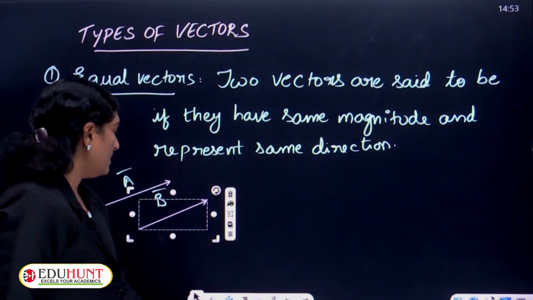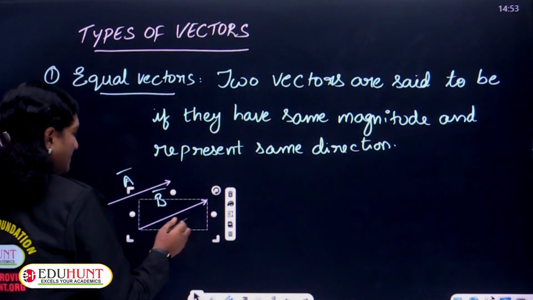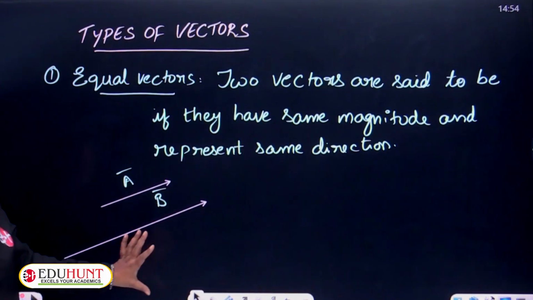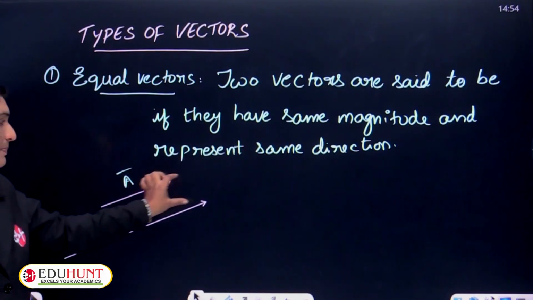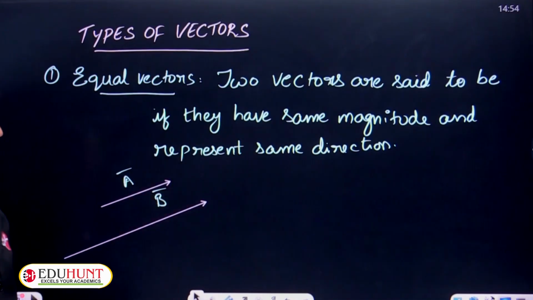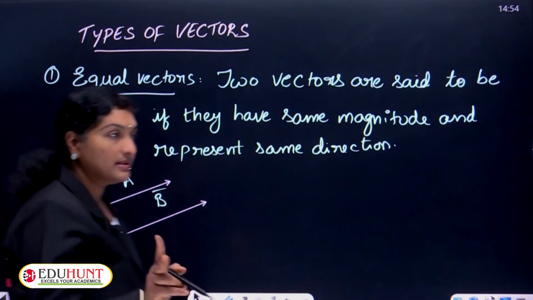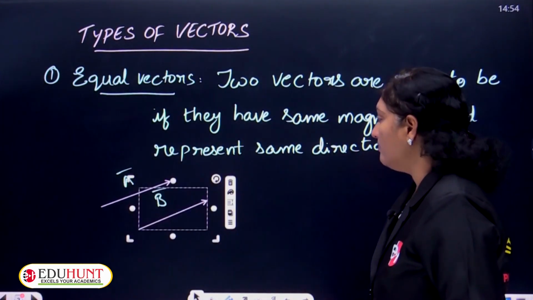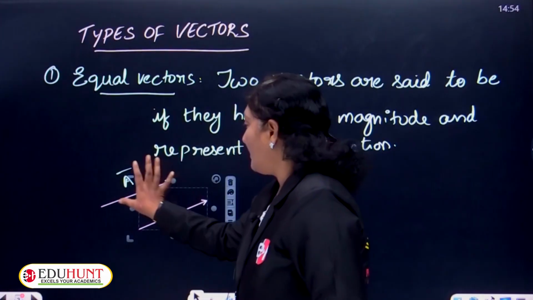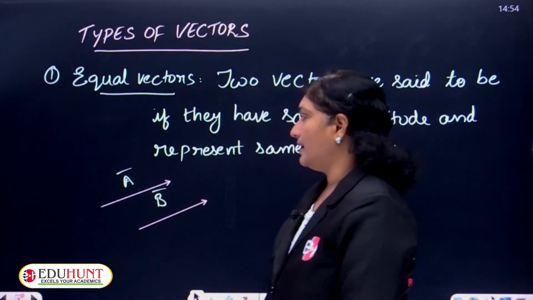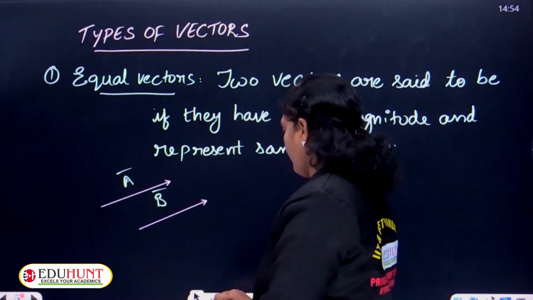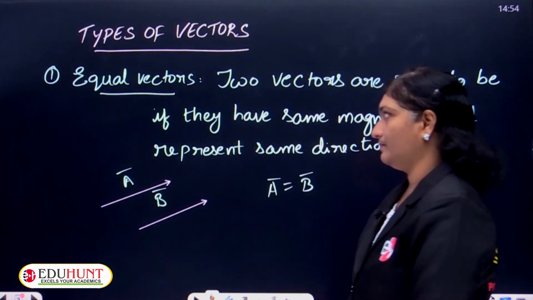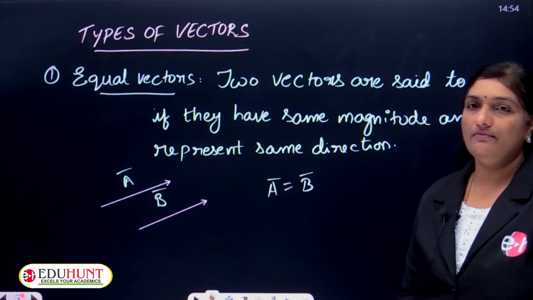Not only this, children, if the length of this vector is increased, then also we can't say that the vectors are equal, though they are representing the same direction, because their magnitude is different. So, we can say two vectors are equal only when they have equal magnitude and represent the same direction. In this case, vector A is equal to vector B. This is all about equal vectors.